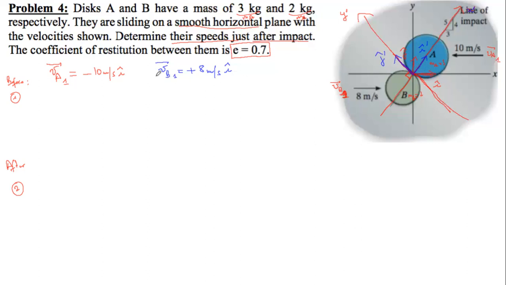So now I want to express i hat and j hat in i prime hat and j prime hat. Well, I know that this angle here is the angle theta, and cosine theta is given here. So cosine theta is 3/5, which is 0.6. Sine theta will be 4/5.